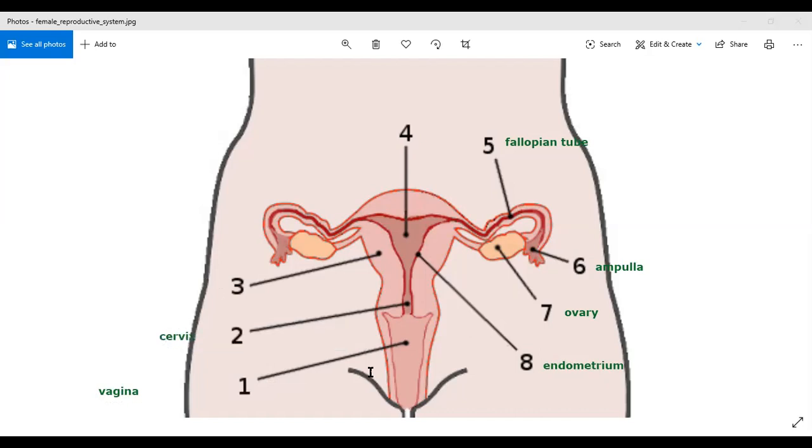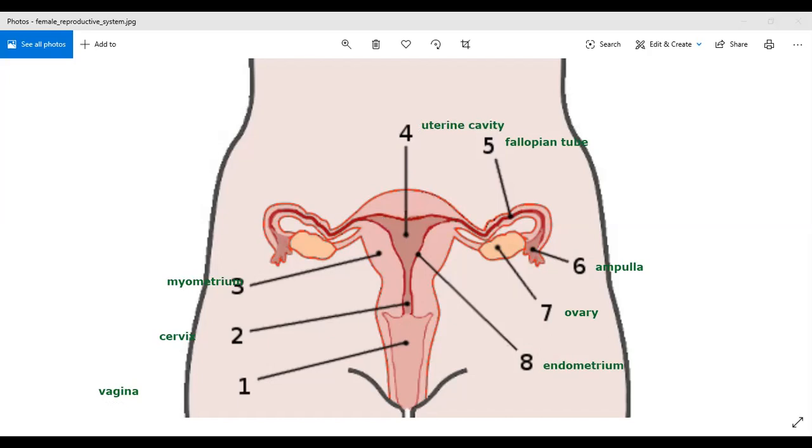Number 3. The myometrium. Yes, that's the muscular wall of the uterus. And number 4 now. The uterus? That's the uterine cavity, the space inside of the uterus.